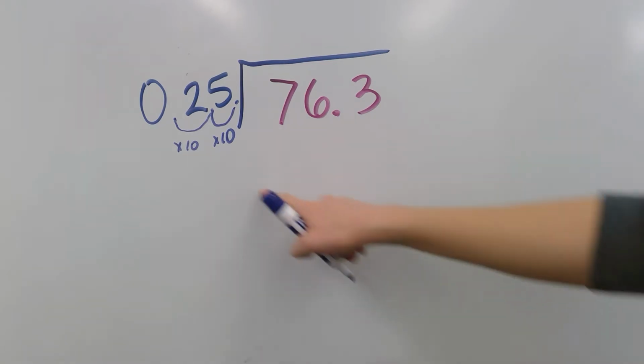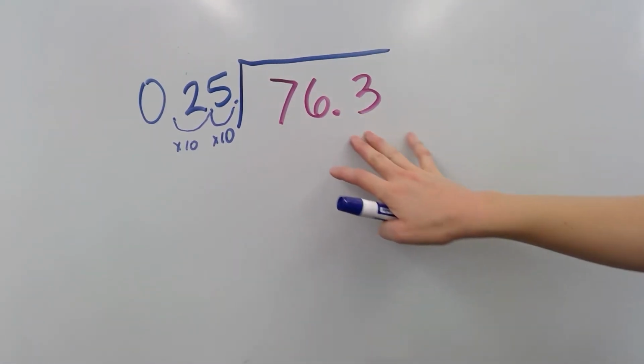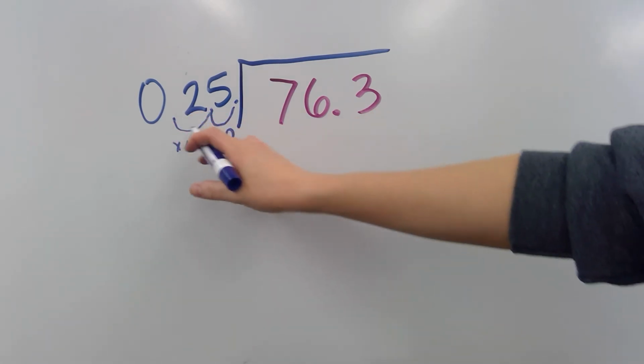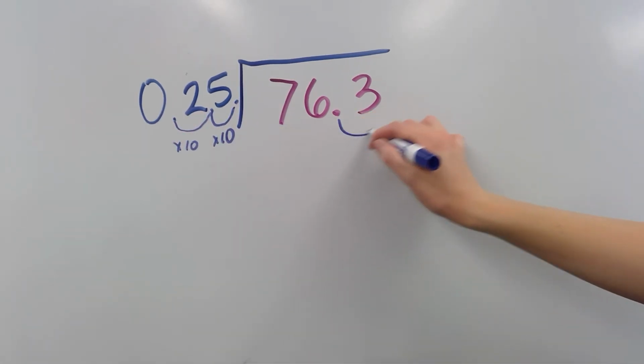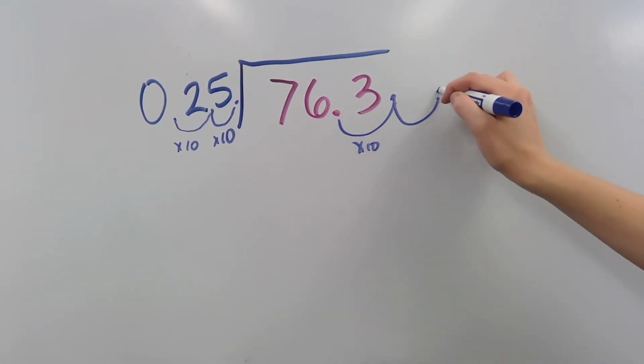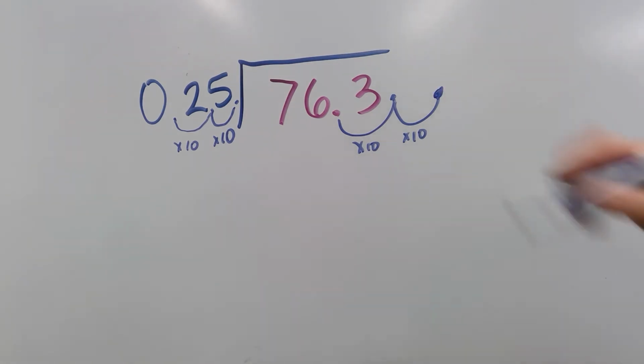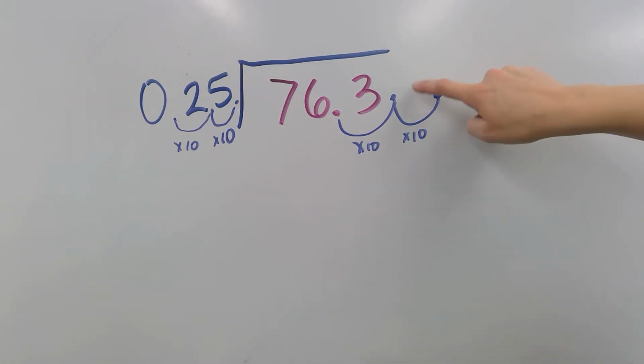And because I shifted the decimal here, I have to shift the decimal in my dividend the exact same amount. So I shifted once, twice, so I need to shift once by multiplying by 10. And I need to shift one more time by multiplying by 10. So now my decimal is here, but what goes here?